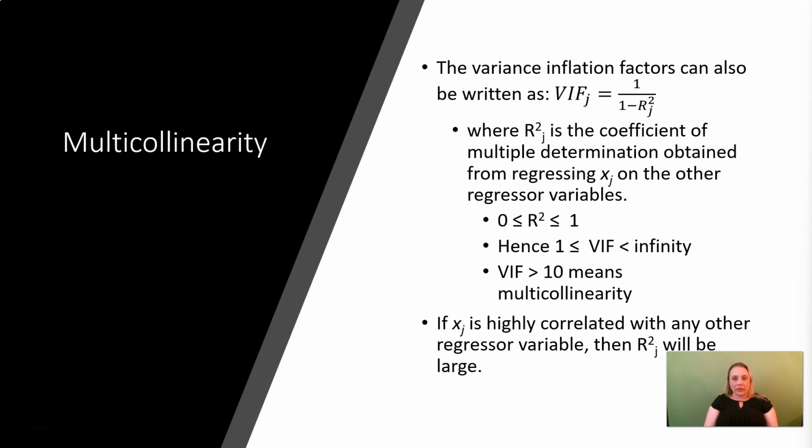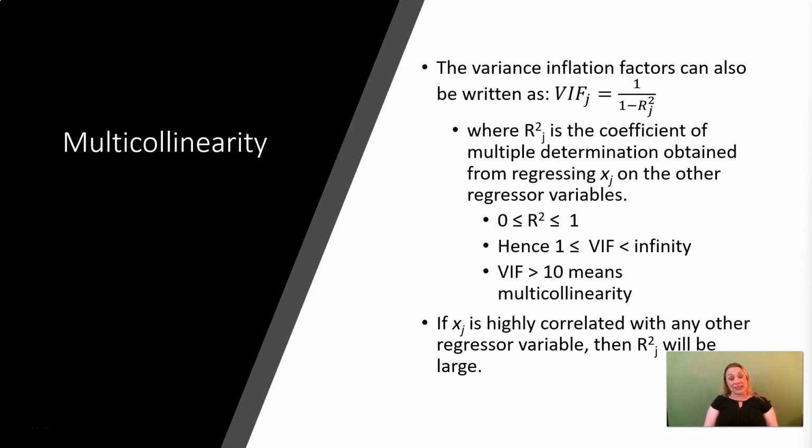We can calculate the variance inflation factor by taking 1 over R squared sub j, where that's the coefficient of multiple determination obtained by regressing x sub j on our other regressor variables. Our R squared value has to be between 0 and 1. So that gives us a VIF value being anywhere from 1 to infinity.